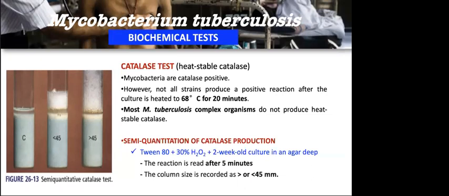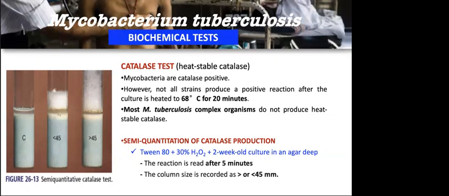However, not all strains produce a positive reaction after the culture is heated. So you'll need heating for this. As I said, it's unlike the one that we use to differentiate staph and strep. Here, you'll need to heat your culture at 68 degrees Celsius for at least 20 minutes.